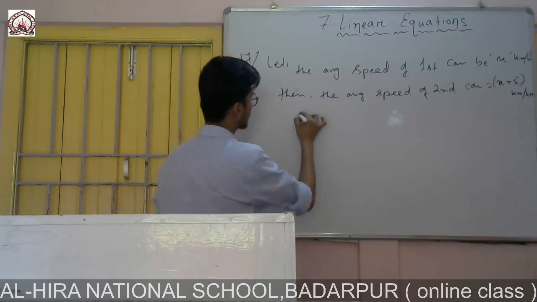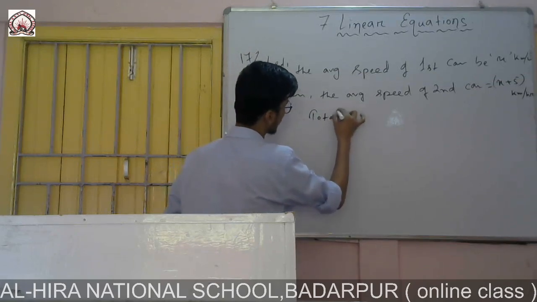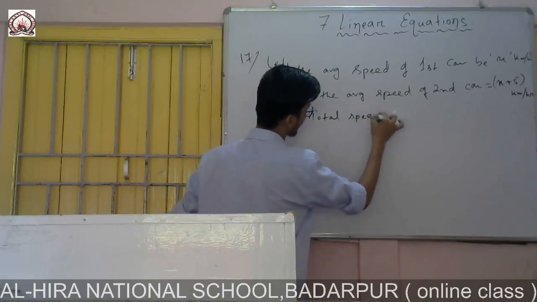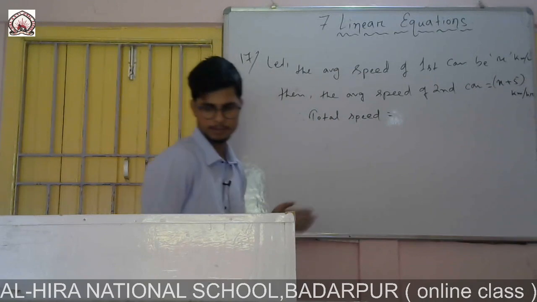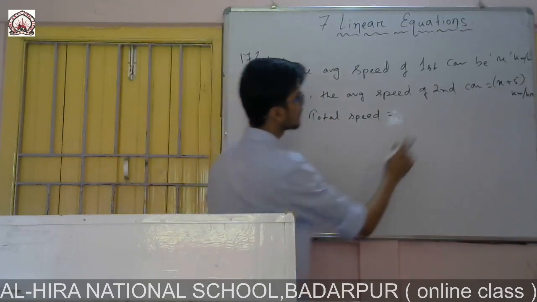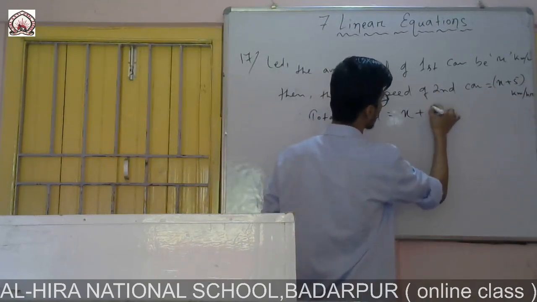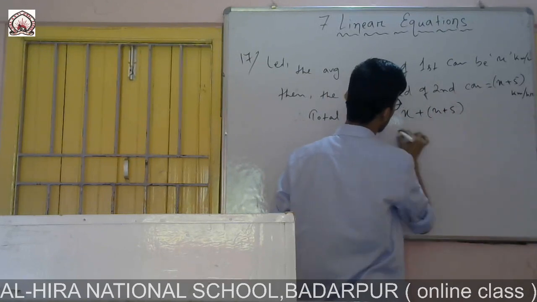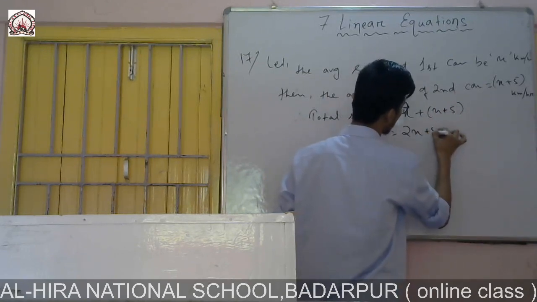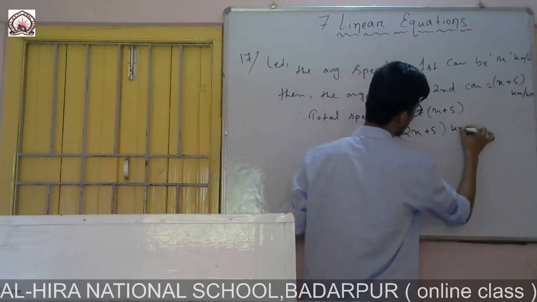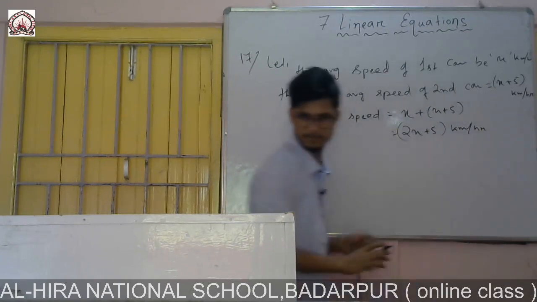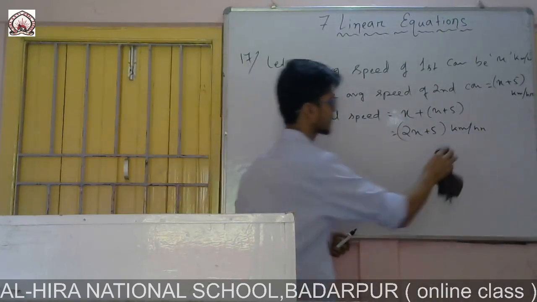So we will find the total speed. Therefore, the total speed of both the cars will be the first one x and the next one x plus 5, which equals twice x plus 5. Total speed is twice x plus 5, no need to give the unit.